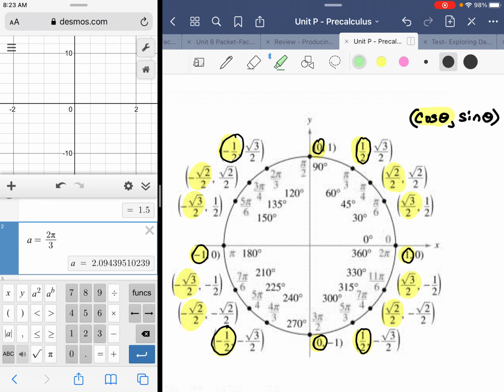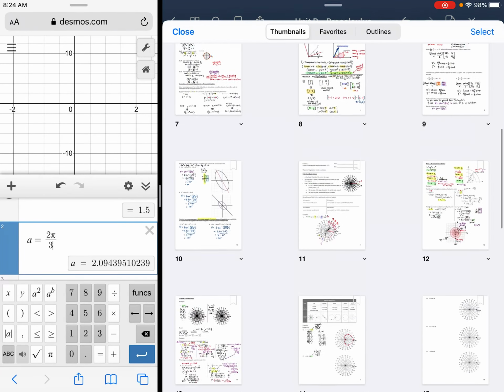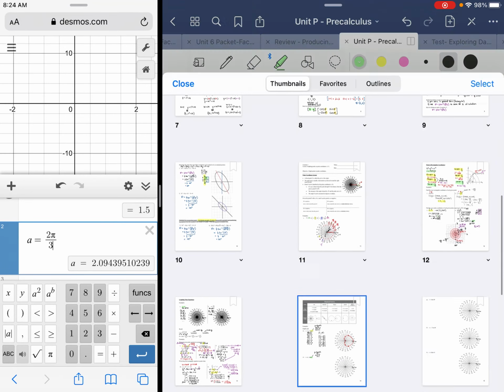So let's take a look at our unit circle again. For the sine function, it's the y values in the coordinate. The convenient ones, again, we're looking for the y values. The convenient ones would be the ones that do not involve the radicals. So we're looking at basically any denominator, if you're looking at the radian form of an angle, any denominator that involves a 6.